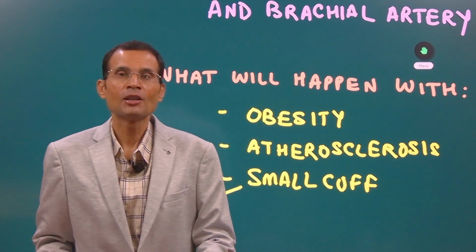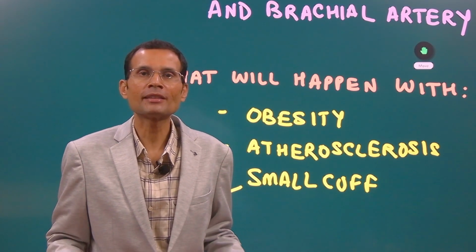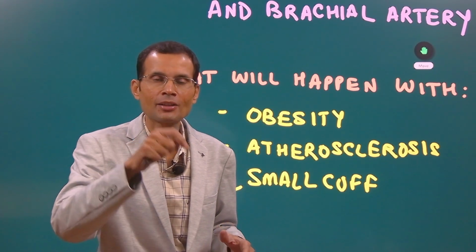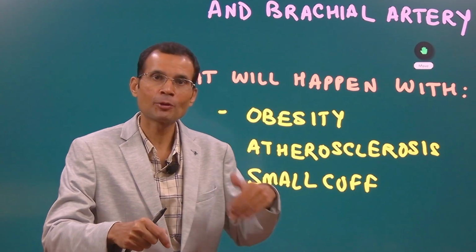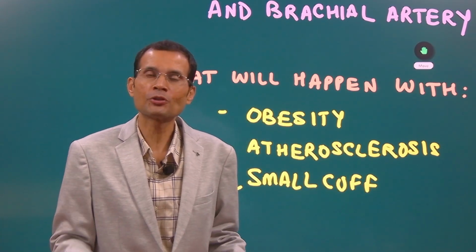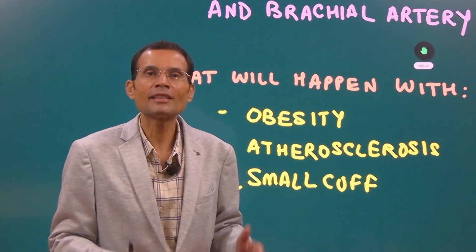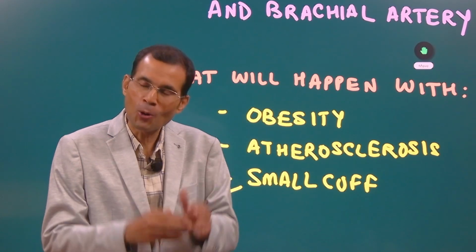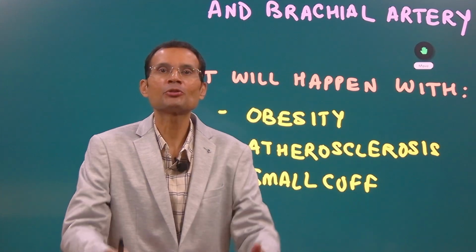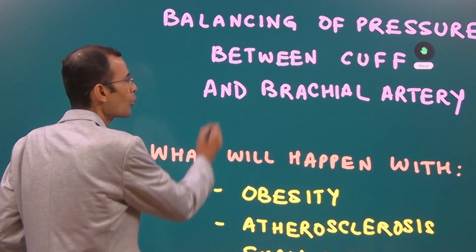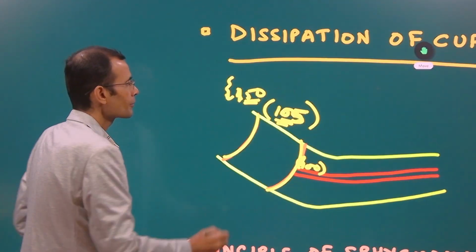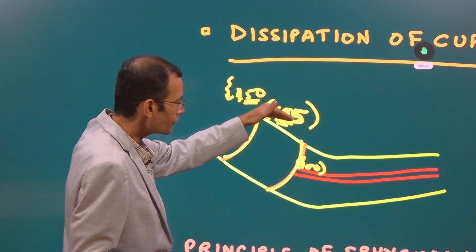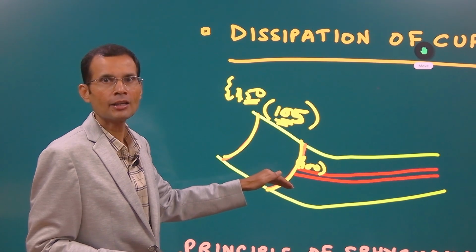scenarios. For instance, what do you think will happen in obesity by this very principle? If we are measuring a pressure by intra-arterial catheter and by sphygmomanometry in an obese individual, what will happen? Obesity means more tissue. More tissue means more dissipation of cuff pressure. Yes, you got it right. If there is more tissue, that means there will be a greater dissipation of pressure from the cuff to just outside the artery.